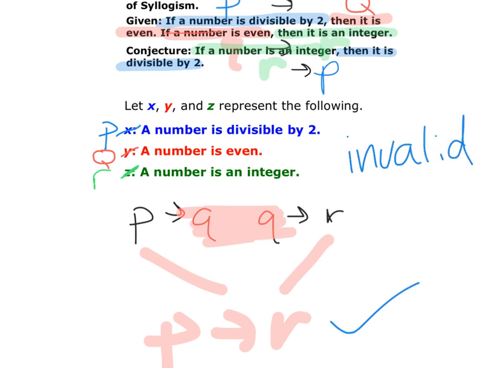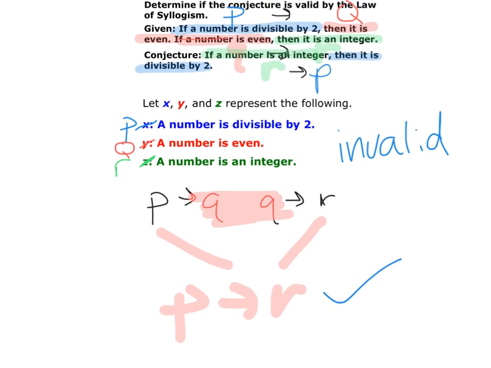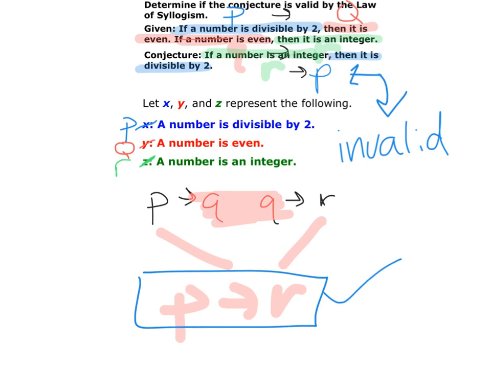You can't flip them around. If we have if P then Q and Q then R, we know that P then R is true. But this is saying R then P. This is the reverse. So therefore it's invalid.